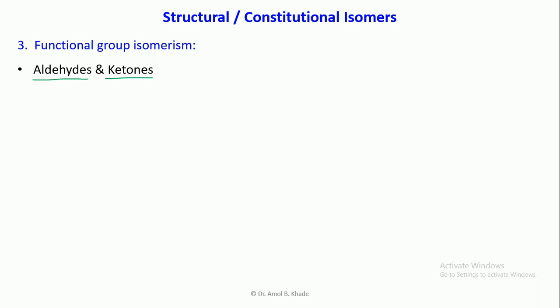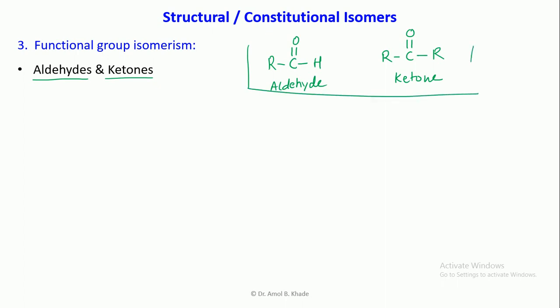We can easily write it: R dash C double bond O H. This is the general formula for aldehyde. Then for ketone: R C double bond O and again R. So this is ketone. Hope you remember this from when we discussed the IUPAC nomenclature.